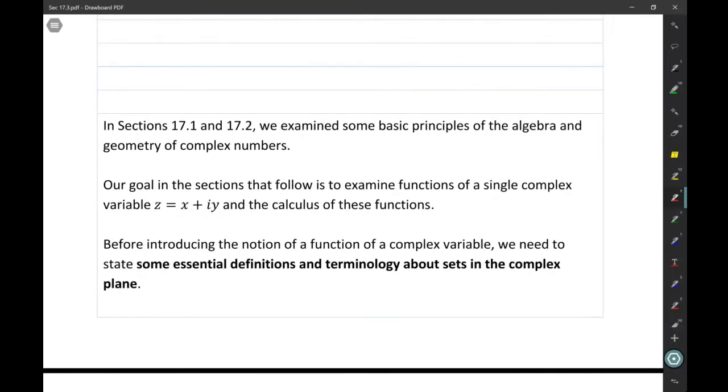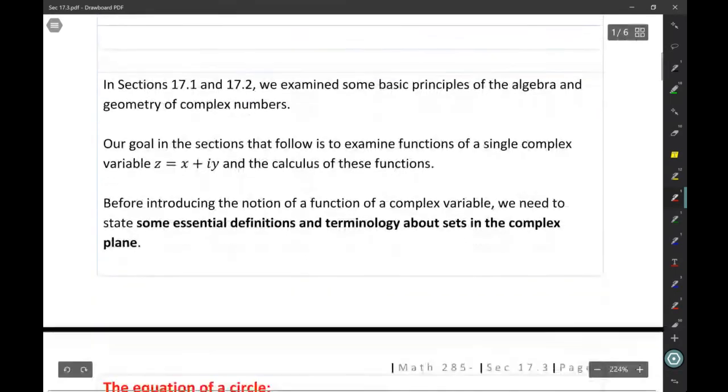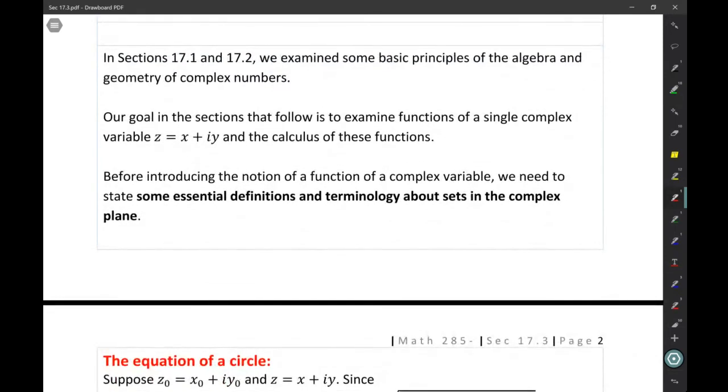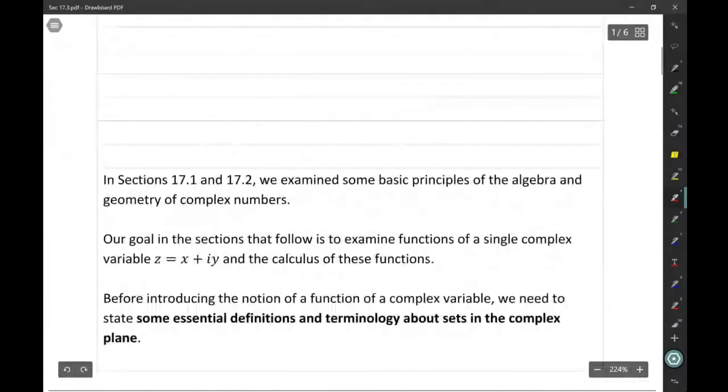Now here we will be talking mainly about the domain in the complex plane.